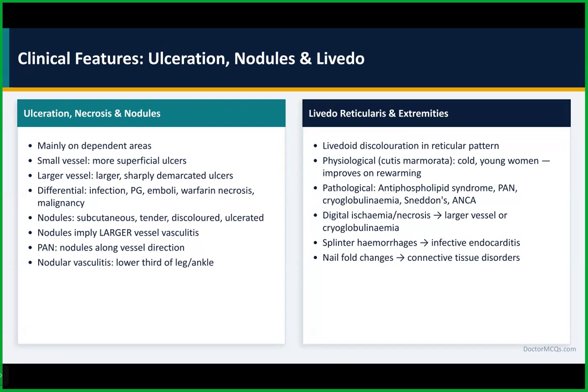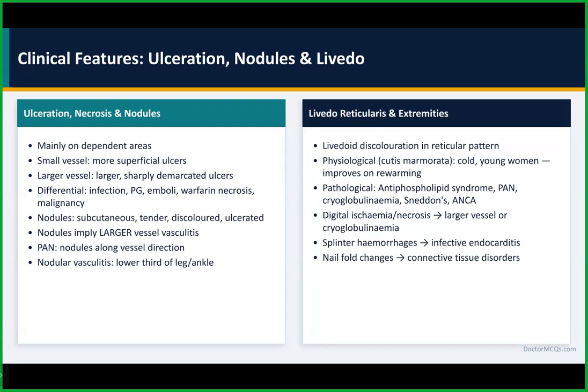The important thing here is PAN, polyarteritis nodosa, where the nodules go along the vessel direction. This is one of the picking points. Nodular vasculitis is basically present on the lower third of the leg or the ankle, so mostly on the dependent part. Livedo reticularis is one of the common patterns in vasculitis.